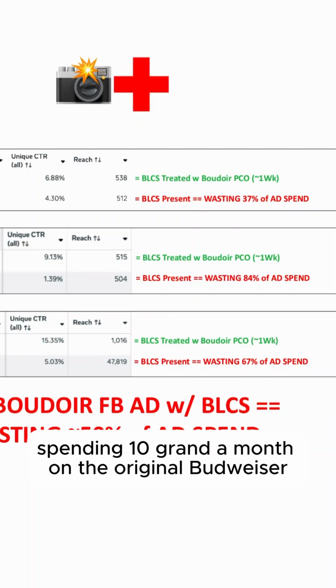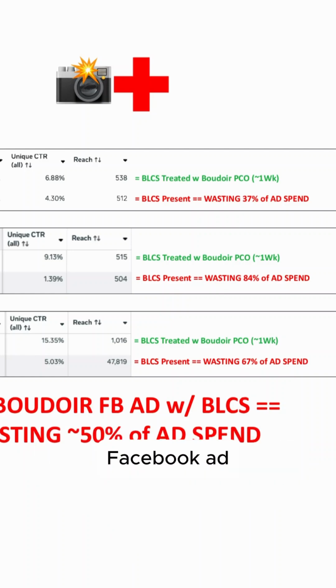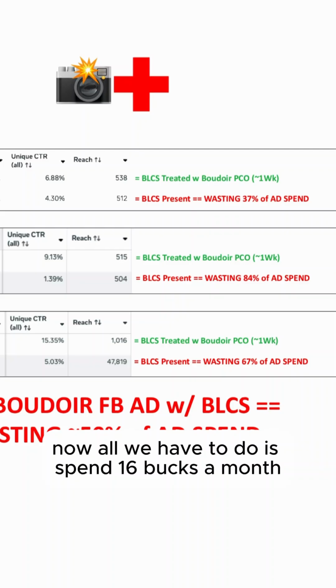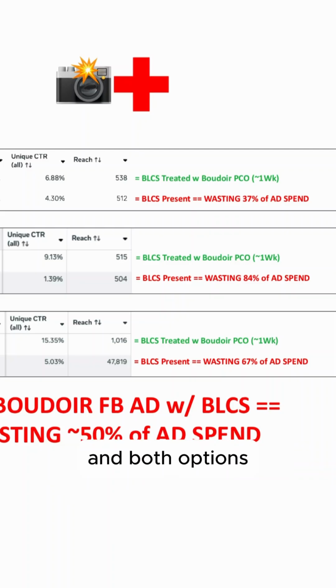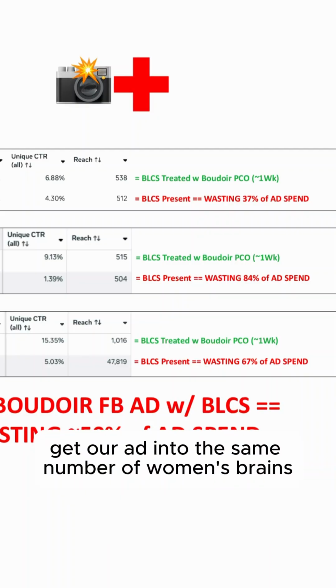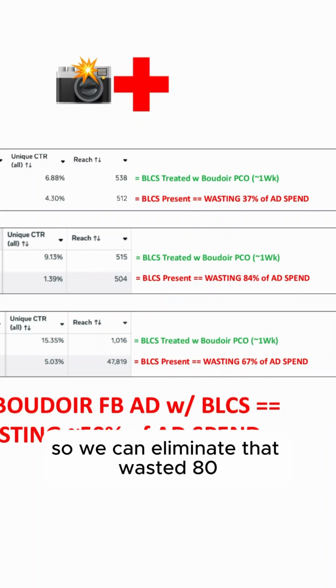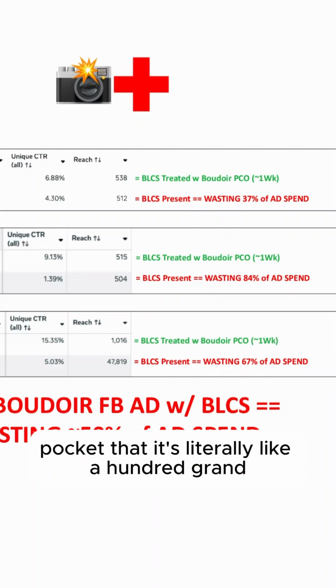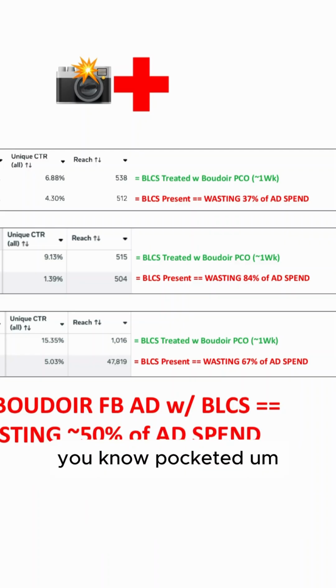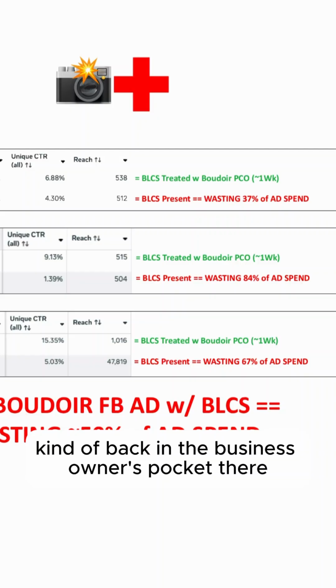So again, if they've been spending 10 grand a month on the original Boudoir Facebook ad, now all we have to do is spend 1,600 bucks a month on the Boudoir Pico treated ad, and both options get our ad into the same number of women's brains. So we can eliminate that wasted $8,400 a month in ad spend and pocket that. It's literally like 100 grand, a bonus back in the business owner's pocket there.